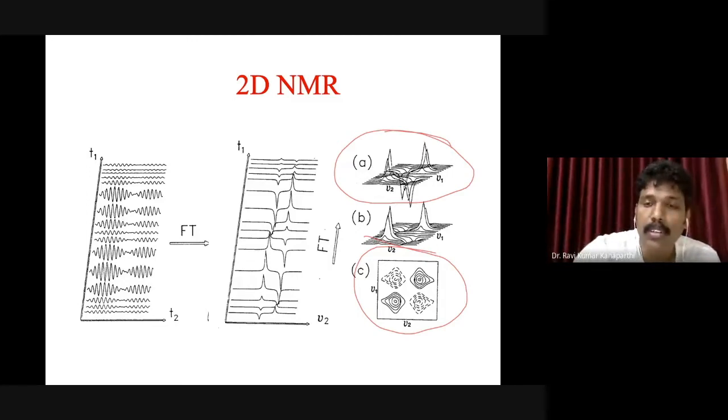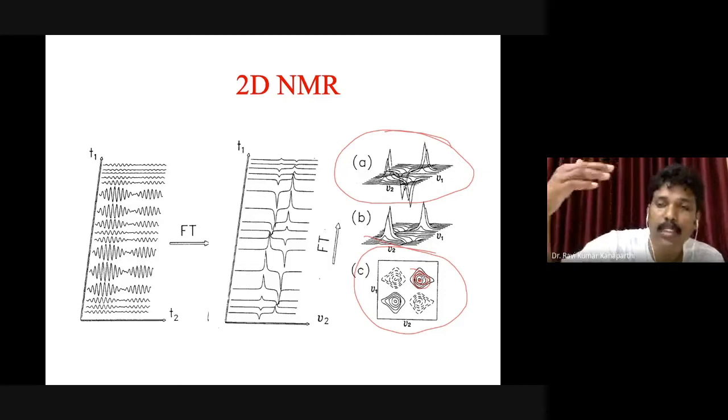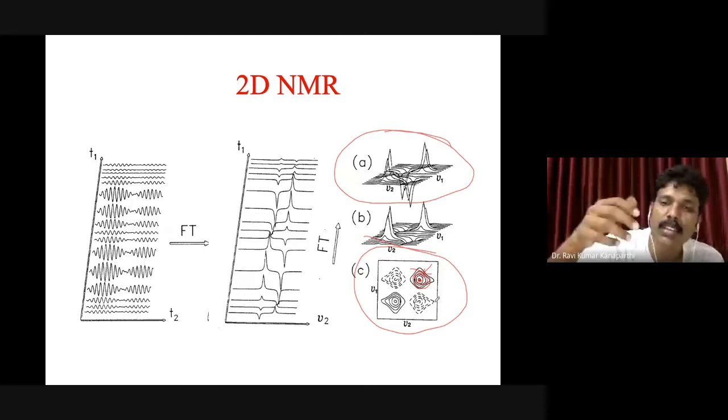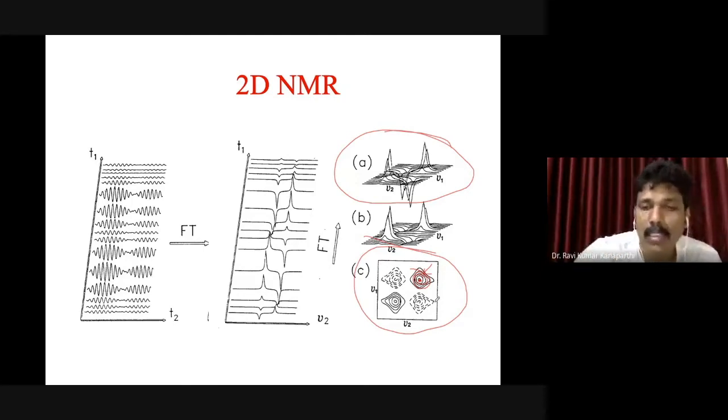If I draw something very thick here, and outside I draw something thinner, that means this is the position where the peak has more intensity. If I draw thinner, less dark peaks, then we say it is less intensity. So the intensity, the third dimension, is represented with dark and light shading. That is the way it is generally represented.